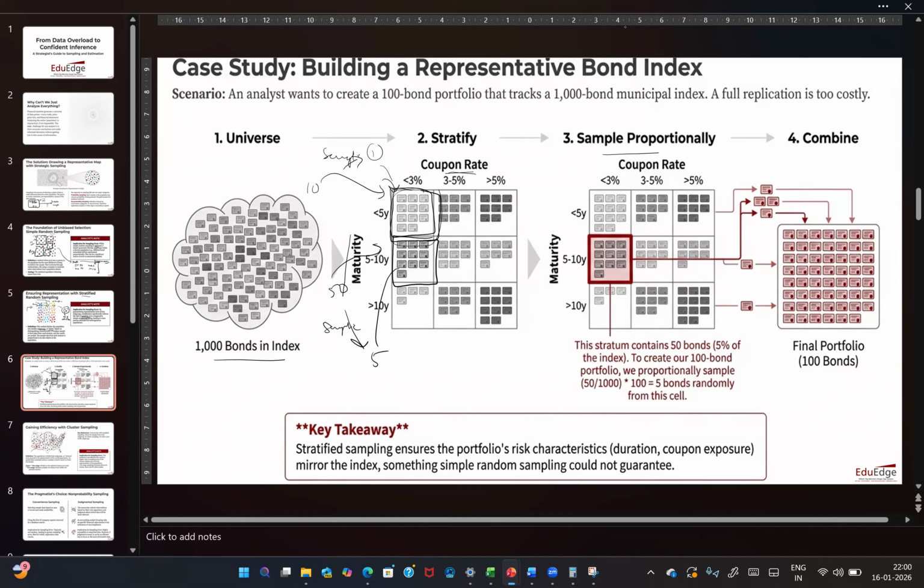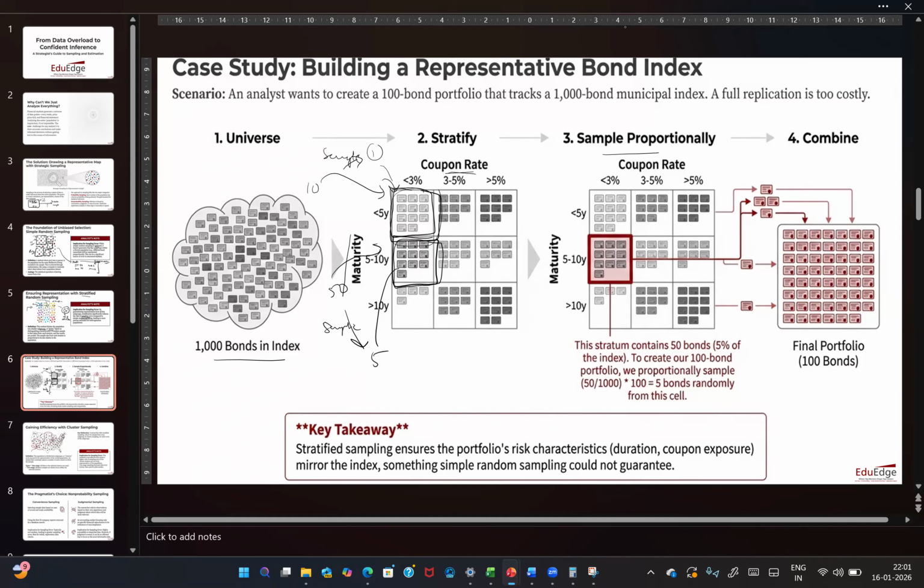So the number of samples which I select from every strata is based on the representation of the strata in the population. Right, so I need to select proportionately. It's not equi-weighted everywhere. It depends on which strata has the most weightage. So I will select more sample points from those groups. Yeah, so that is what it means.